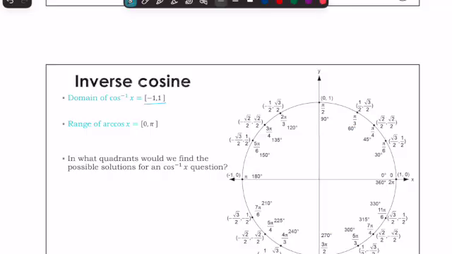Okay, so like we have right here, there's that and that. Now, we are just going to be looking at 0 to pi right here. So we'll just be looking from 0 to pi. So we're going to be only looking in quadrants 1 and 2.